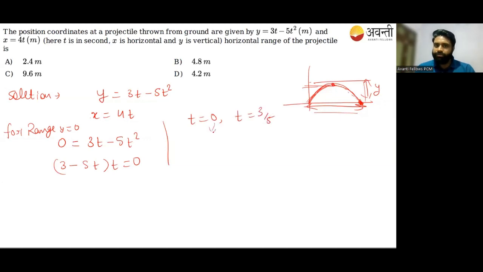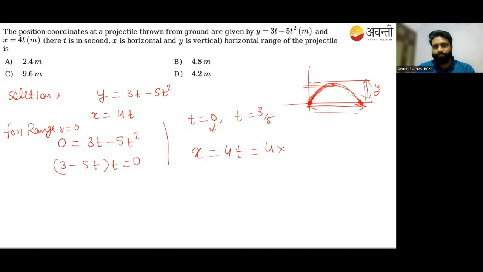This t equal to 0 says that at the initial moment of the projectile motion, the vertical height is also 0, so the projectile is thrown from the origin. So it has y equal to 0. And the other time is 3 by 5. So put this 3 by 5 in x is equal to 4t.